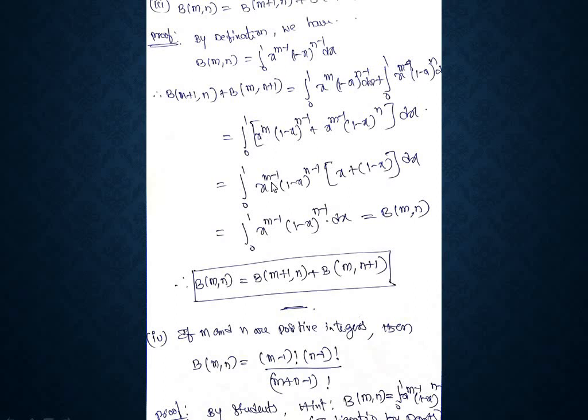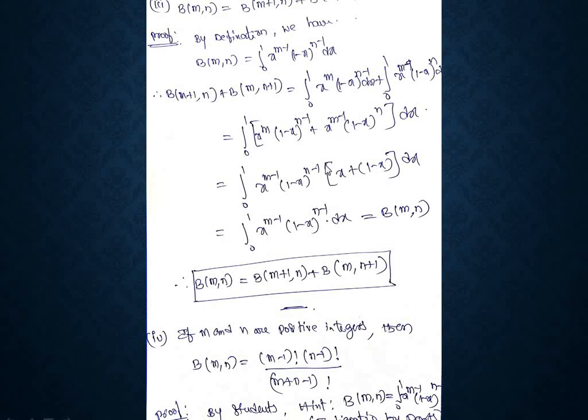In the first one we have x power m, which is x power m minus 1 into x, and 1 minus x power n minus 1. In the second one, 1 minus x power n is 1 minus x power n minus 1 into 1 minus x. So we can take the common x power m minus 1, 1 minus x power n minus 1. If you multiply with x, this will be the first integral, and if you multiply with 1 minus x, this will be the second one.